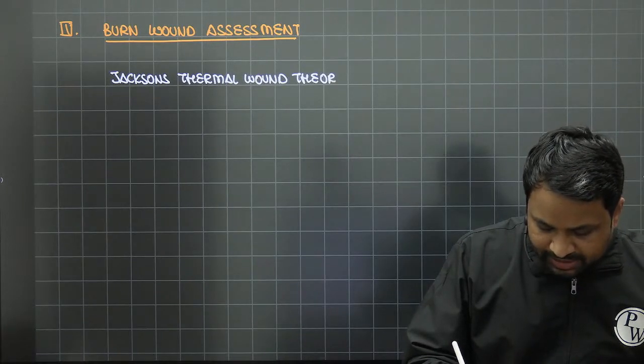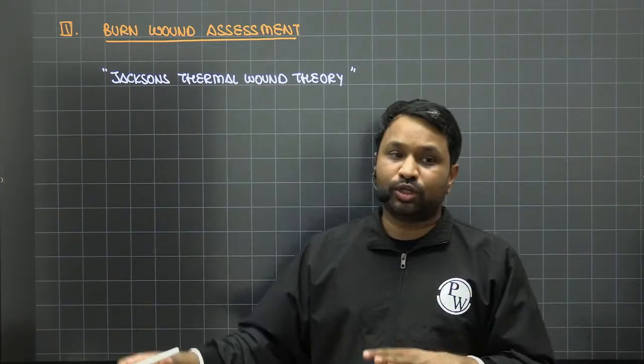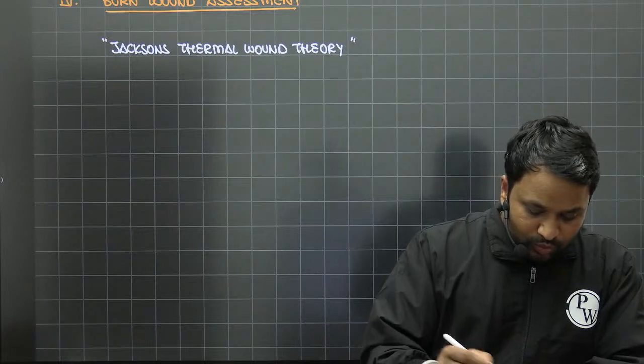Now, what is this Jackson's thermal wound theory? Jackson said that we are going to divide the burn into three distinctive zones. So what are the three distinctive zones that are going to be present?